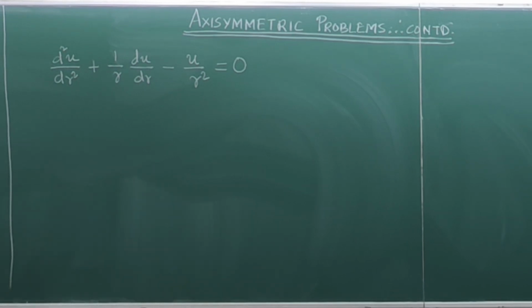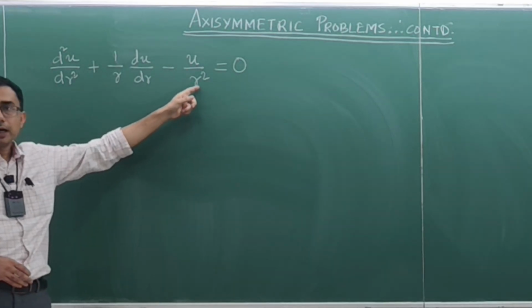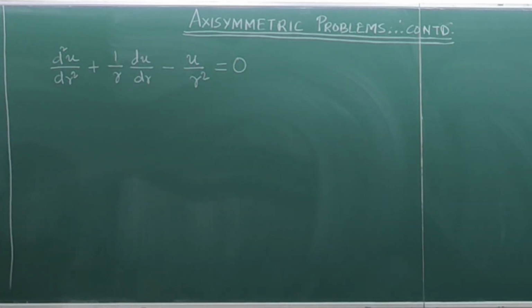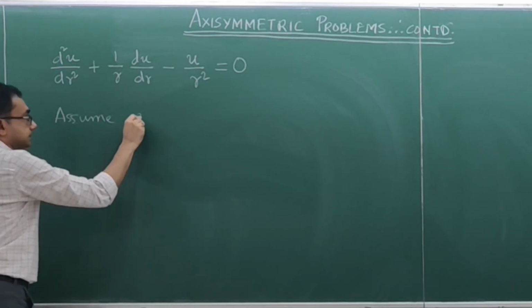In a similar fashion, what we'll observe here is that this is second order, this is first order, but this is divided by r, and this is 0th order, and it is divided by r square. So there is something common here which we can exploit. The strategy here is to assume a solution form which is like this.